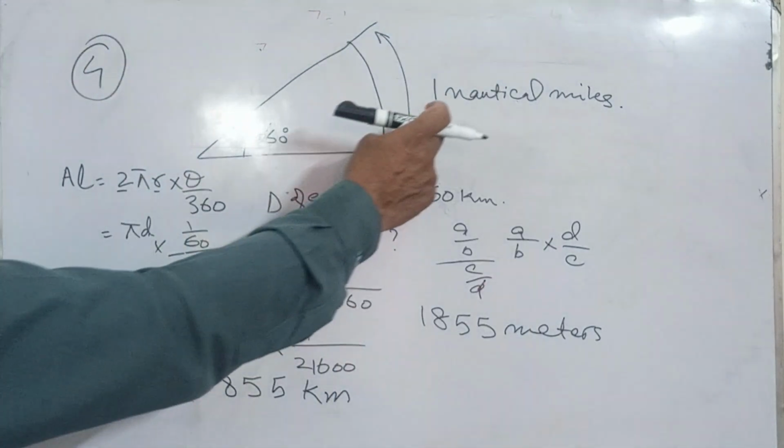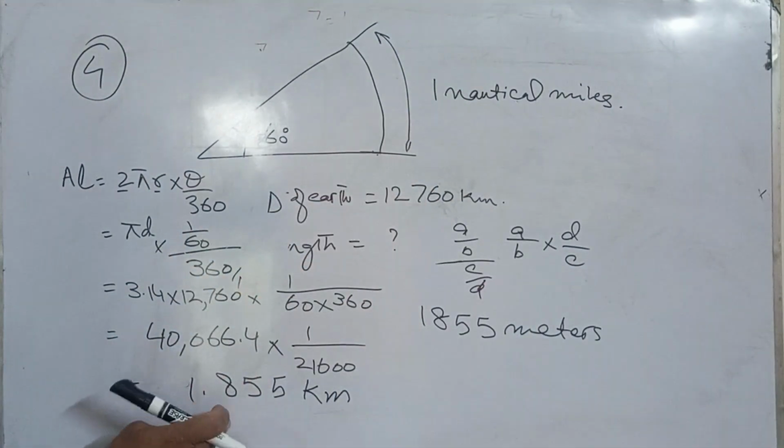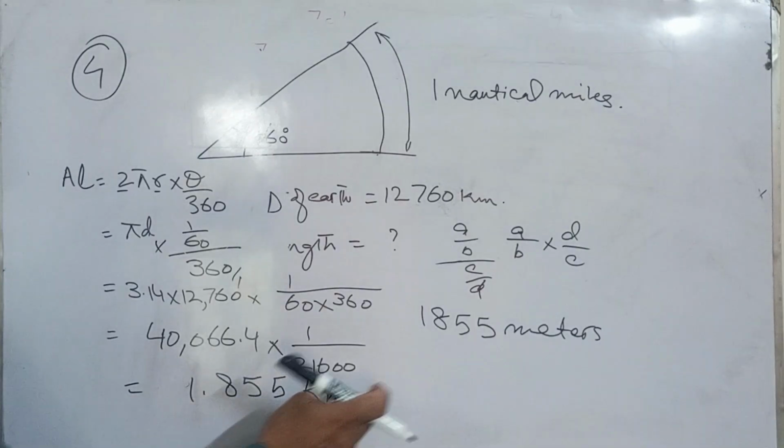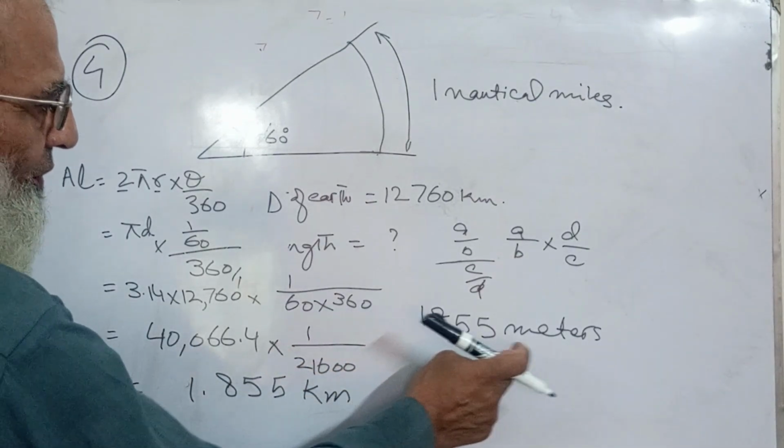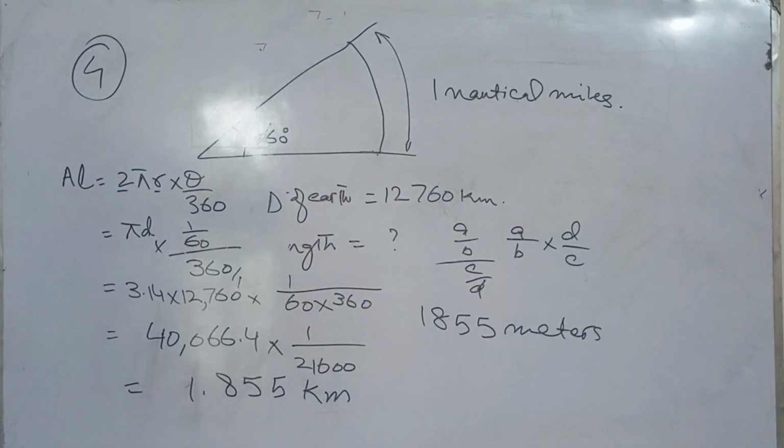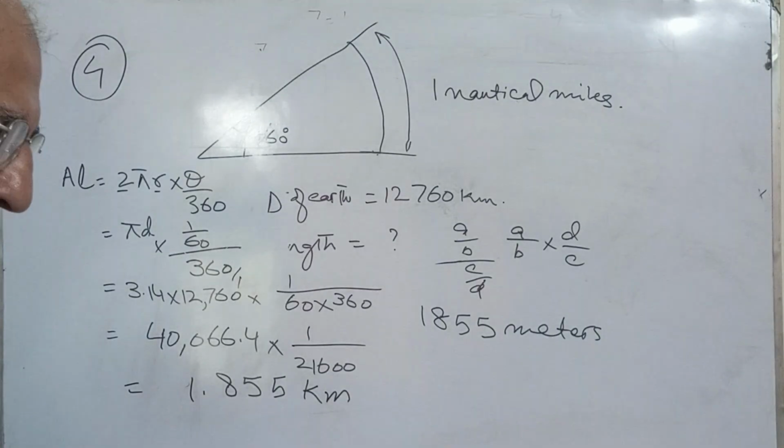That means 1 nautical mile is equal to 1.855 kilometers, or 1855 meters. So this is solved, and this is correct.